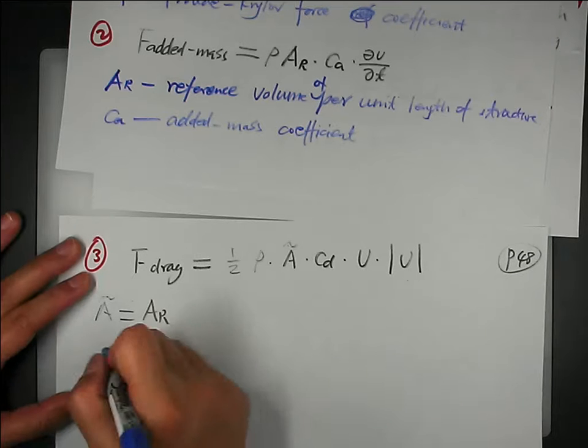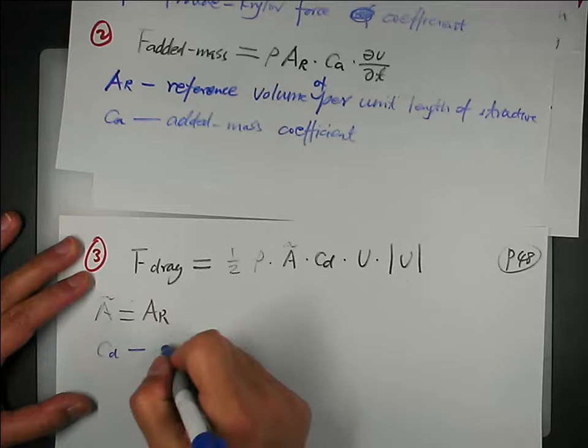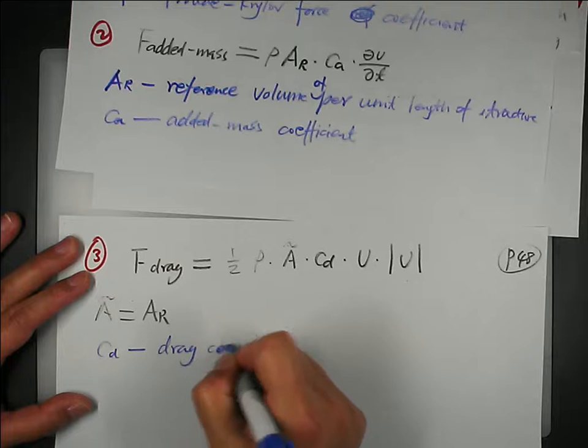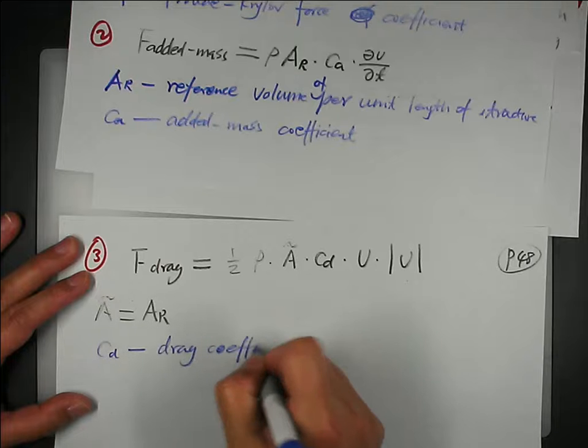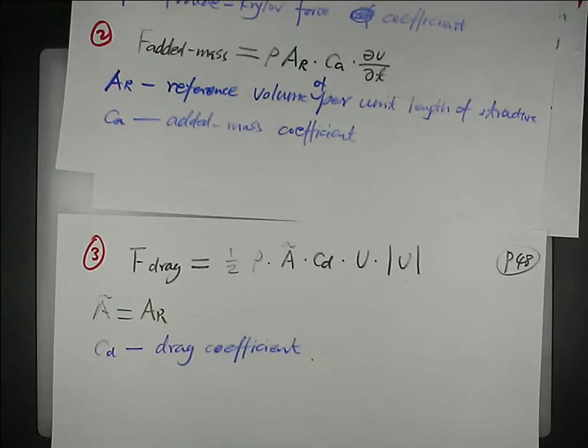So CD is the drag coefficient. Morrison proposed such a method to calculate drag force, and his idea I cannot fully understand, because in his idea it should be in the format of MA, but it is U squared. So to a certain extent, it's like energy.